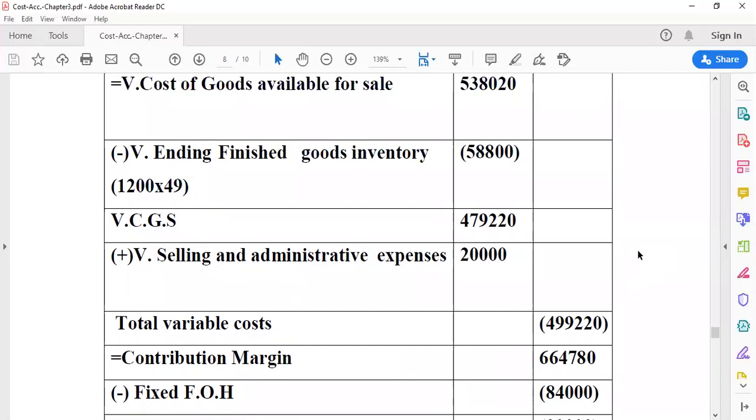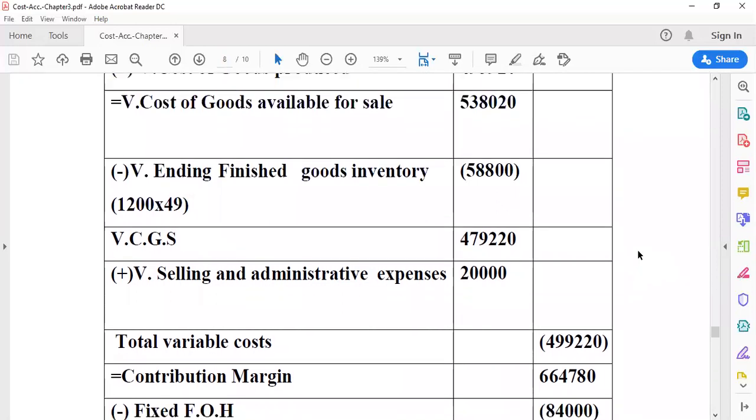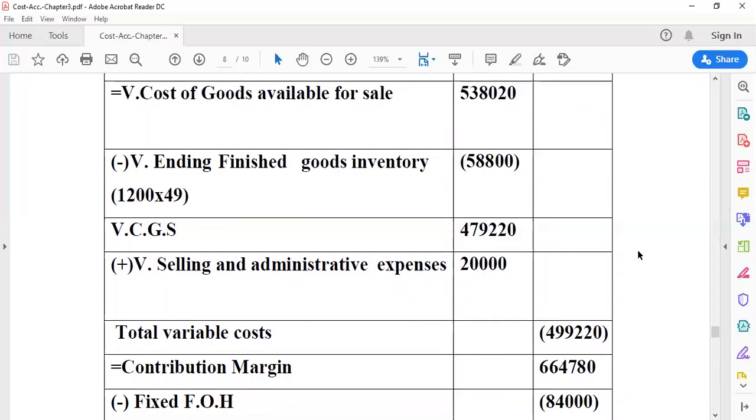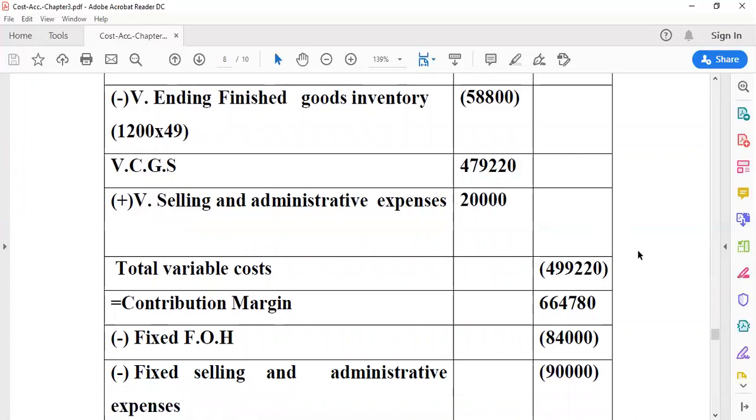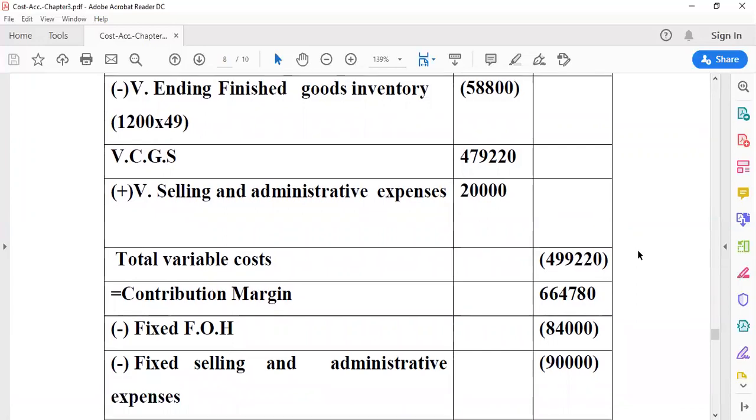But the difference here is that we are going to separate the variable costs from the fixed ones. So before subtracting the other costs, we need to take from them the variable amounts.